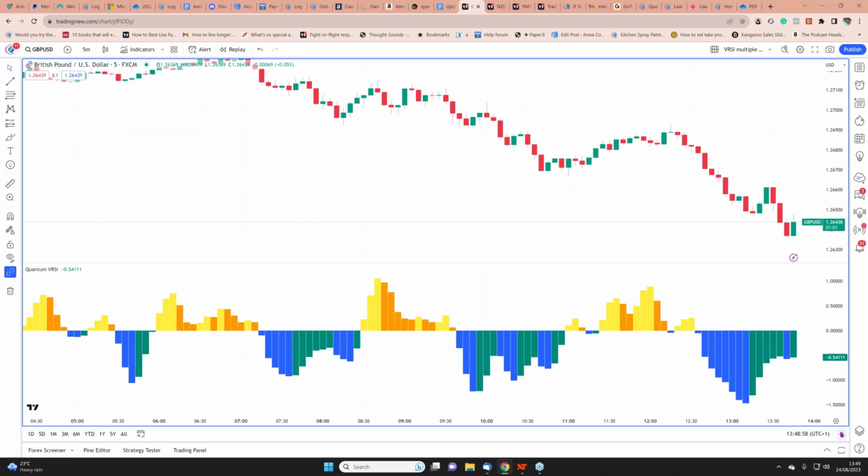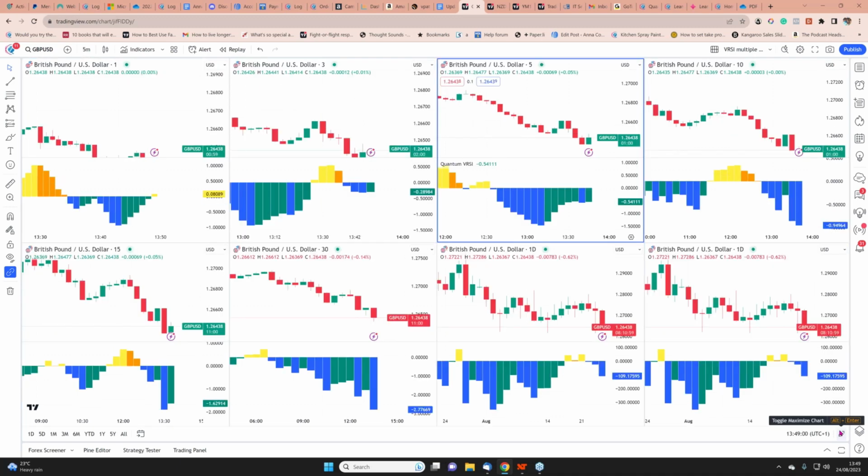So that's the VRSI indicator. As I say, it will be available on TradingView. We've developed it for TradingView, and it's available for NinjaTrader when we roll out the whole thing together with the stock trading program. At that point, or maybe just before that, we will look at TradeStation, but probably just after, and then ultimately onto MT4, MT5 as well.